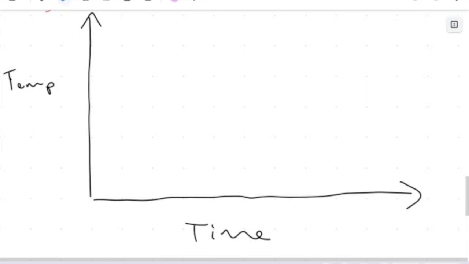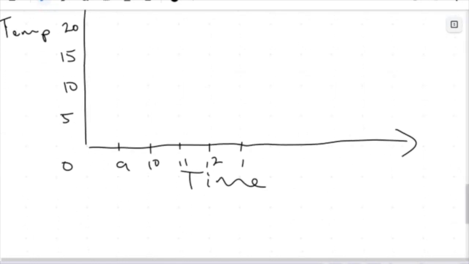Now, I'm going to start at 0 here, and I'm going to go 5, 10, 15, 20, 25, and my time is going to be 9, 10, 11, 12, 1. This is a pretty small graph.